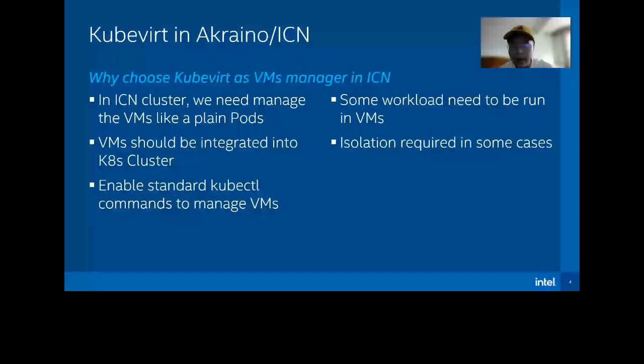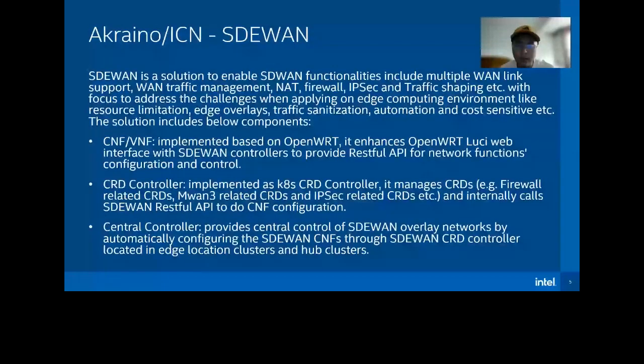It is a solution to enable SD-WAN functionalities including multiple WAN link support, WAN traffic management, NAT, firewall, IPsec, and traffic shaping, with focus to address the challenges when applying to edge computing environments, like resource limitation, no public IP, and edge overlays, traffic centralization, automation, and other cases. So it has the following components: CNF and VNF, CRD controller, and a central controller to control these edge clusters.